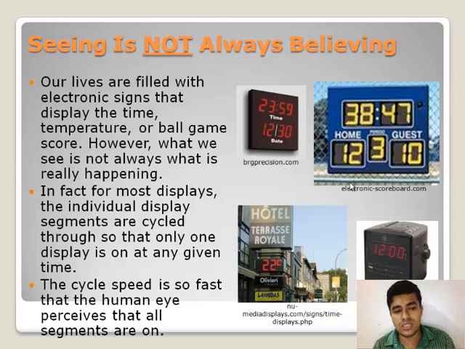In fact, for most displays, the individual display segments are cycled through so that only one display is on at any given time. The cycle speed is so fast that the human eye perceives that all segments are on.